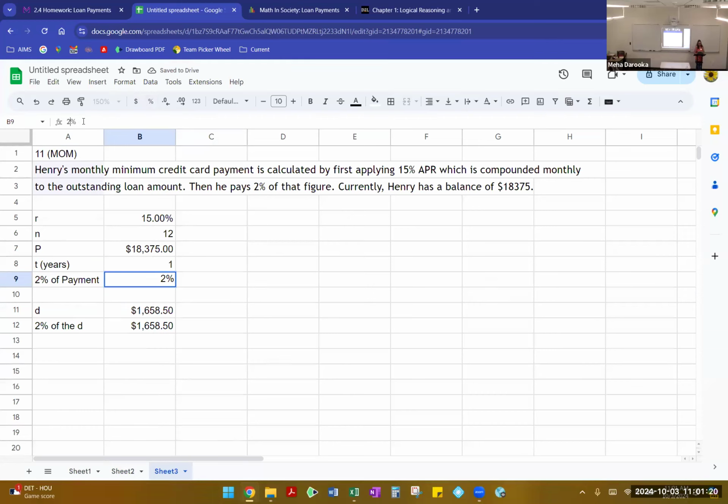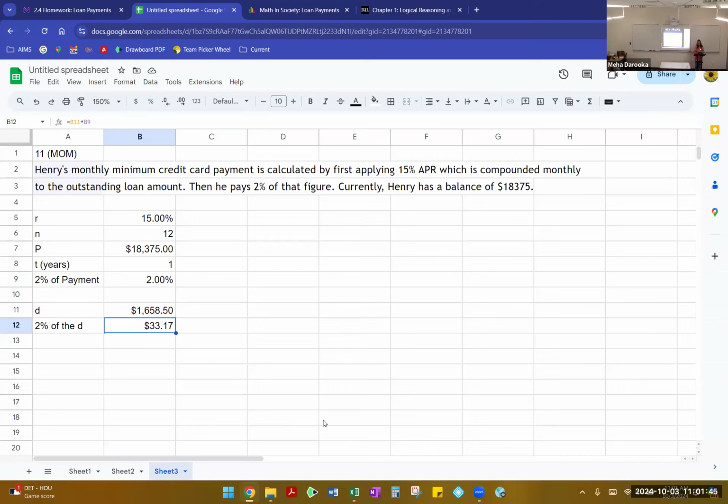It's really up to you, however you want to do it. To calculate 2% of D, we take the D amount and multiply it by either the decimal, so if you're typing it in, that would be 0.02, right? Or you can do the formatting like I did. And it looks like 2% of that payment is coming out to be $33.17.